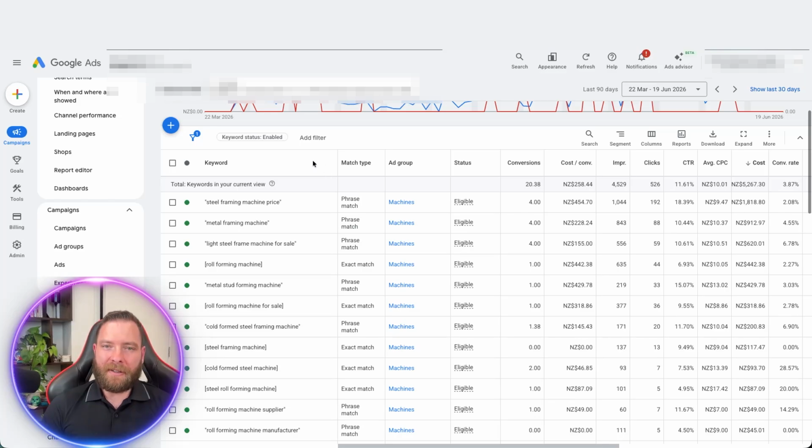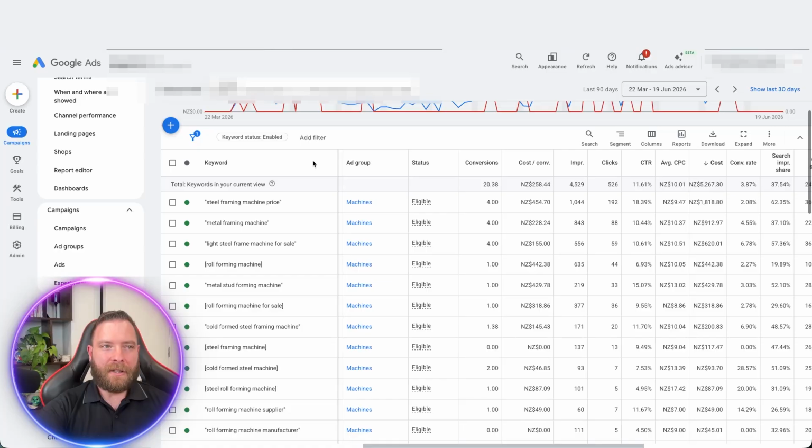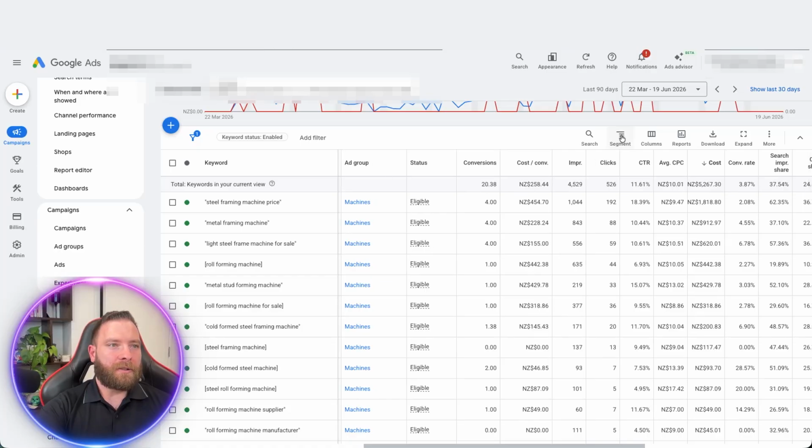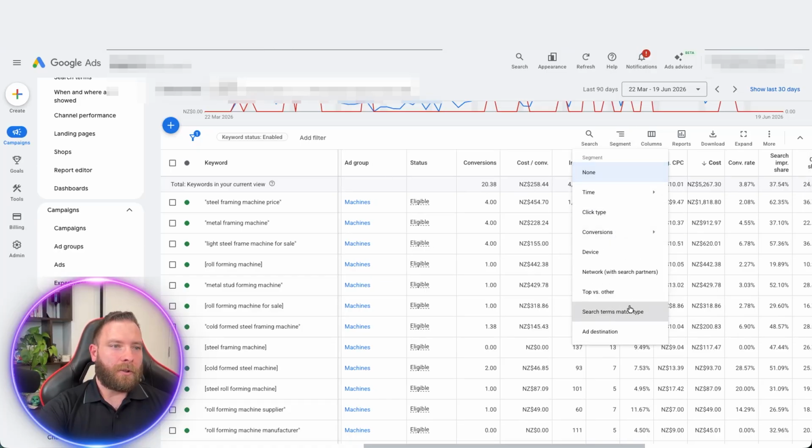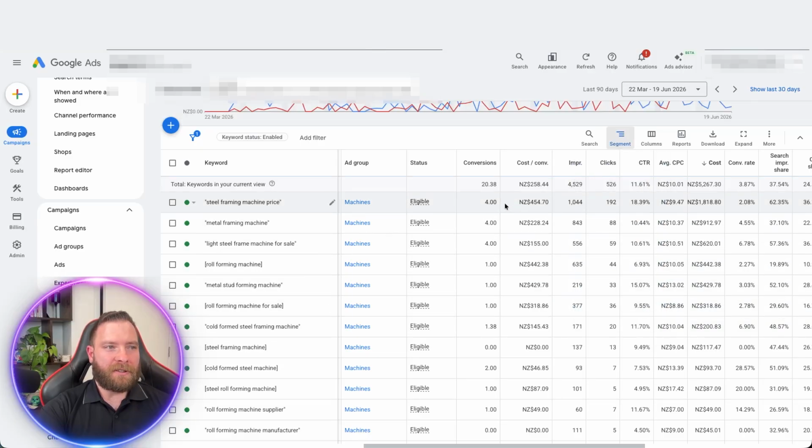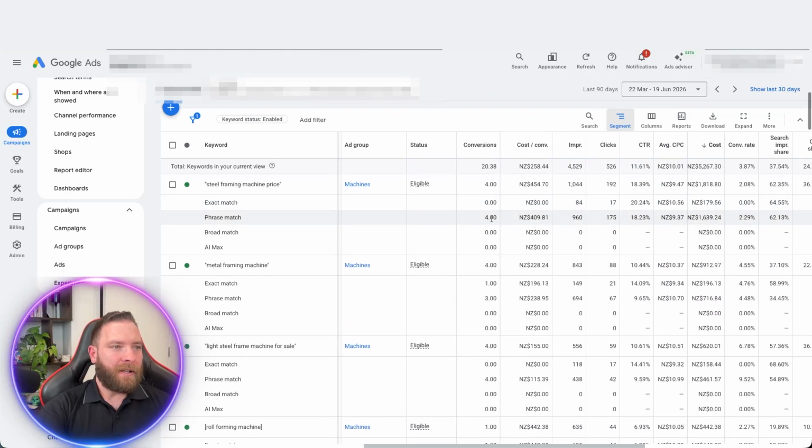Now, 9 times out of 10, the search that the customer is making isn't relevant enough to the keyword and you end up getting poor results. Now, an easy way to check this is if you're on your keyword list and you come along here and you go segment by search term match types, you'll see that the conversions are assigned to either the phrase or exact version of the keyword.